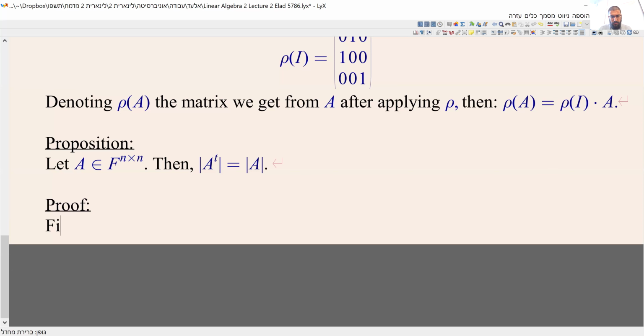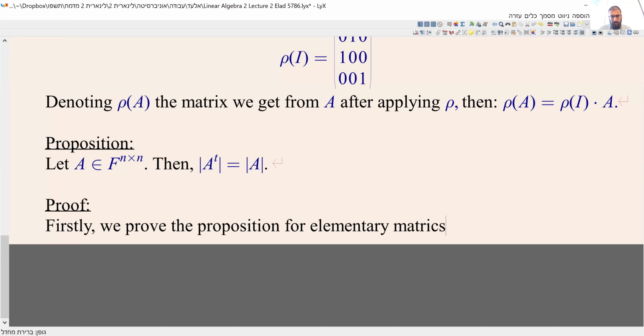First of all, we prove the statement, the proposition, for elementary matrices.